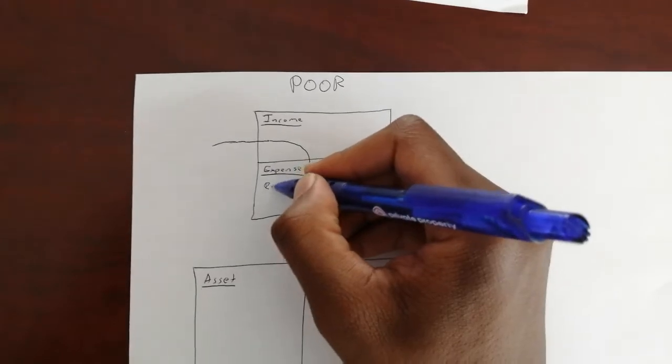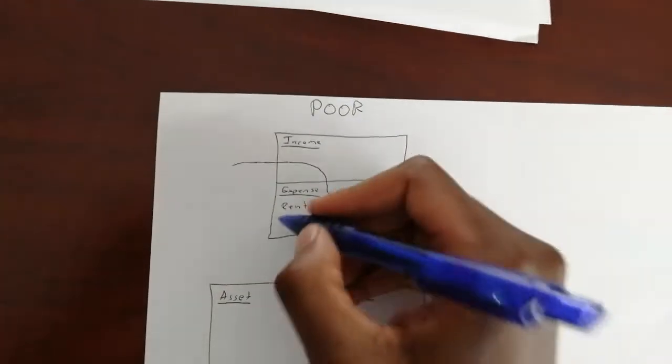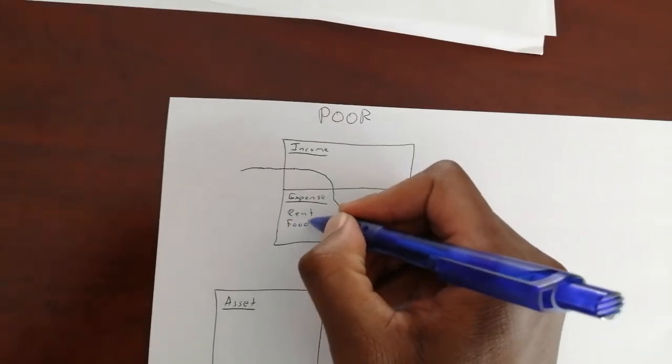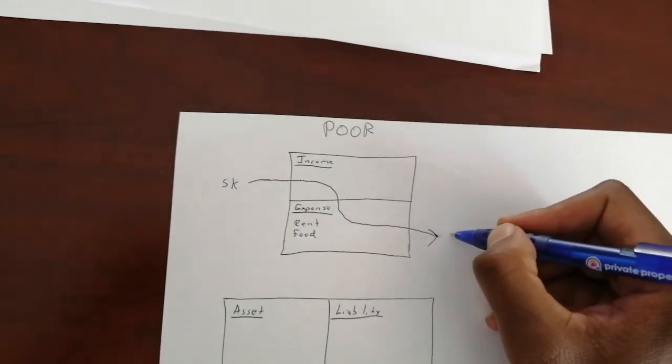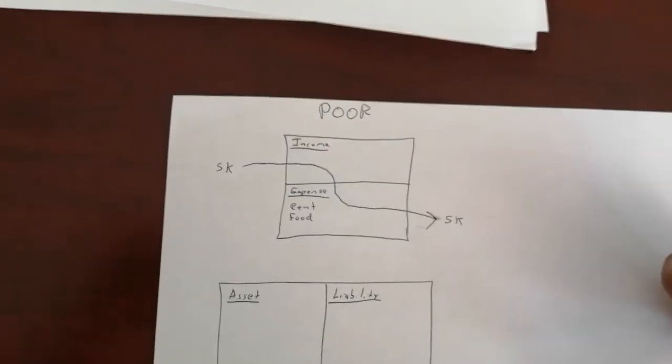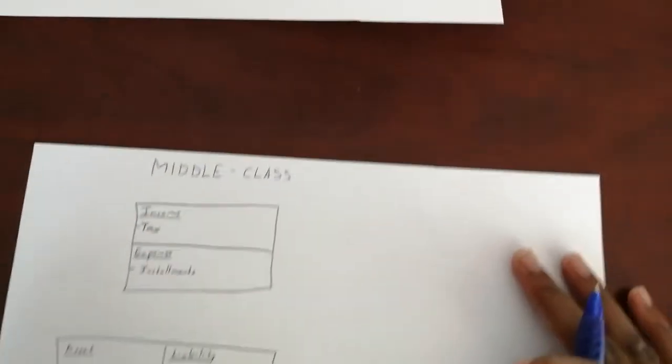Expenses could be rent, could be monthly groceries, the list goes on. But if, for example, they earned 5,000, they spend every single month 5,000 rand. So it's hand to mouth. Okay, that's the financial statement of a poor person.